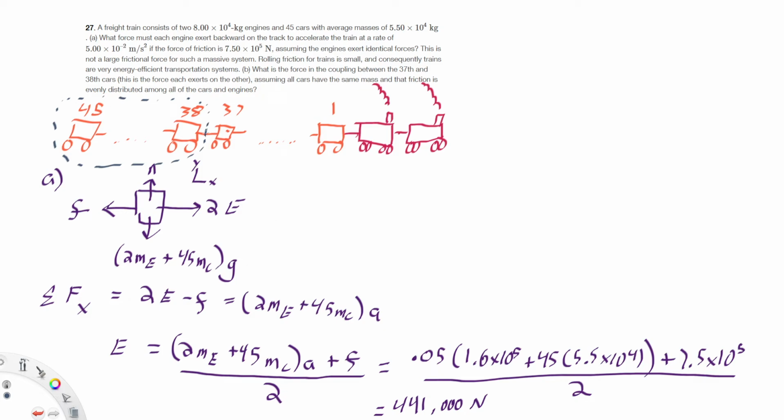That way, the tension between 37 and 38 is external to our system, so it's coming from outside, and it will show up when we consider Newton's second law. Then we do a little diagram for this, and we've got weight. 38 through 45 is 7 cars' worth. And the only external force in the x direction is whatever the force from car 37 is.